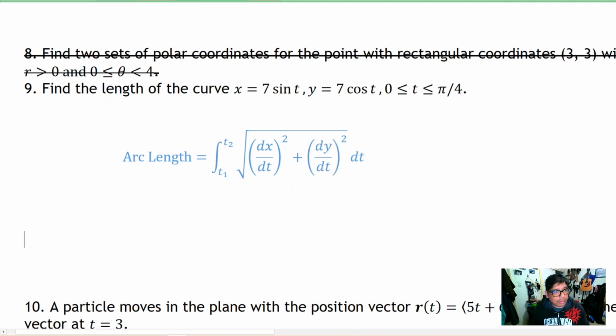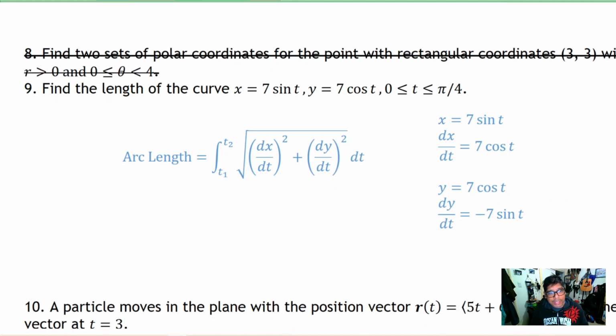That looks better. And then we're going to have to figure out our dx dt and dy dt. If x is 7 sine t, then dx dt is 7 cosine t. And if y is 7 cosine t, then dy dt is negative 7 sine t.